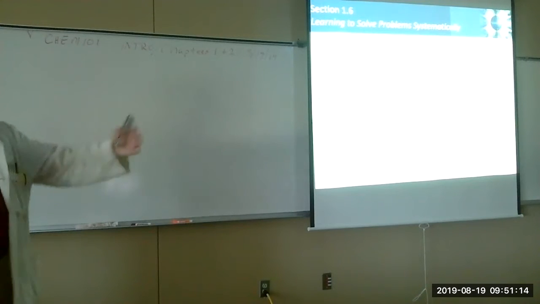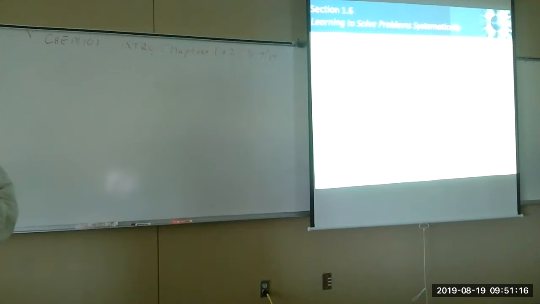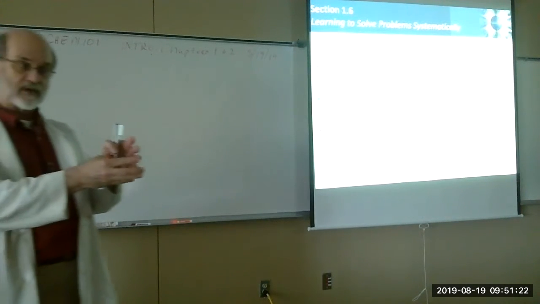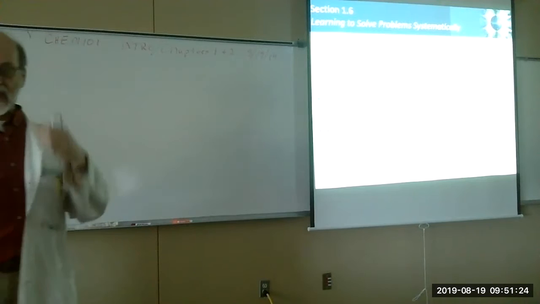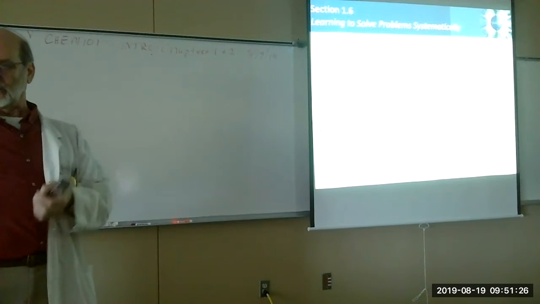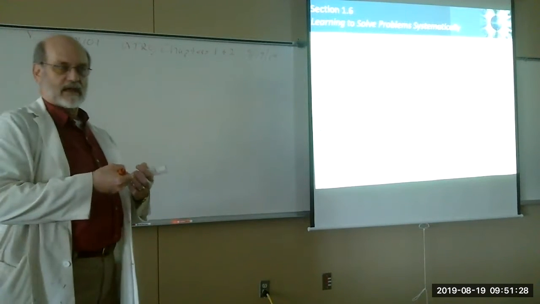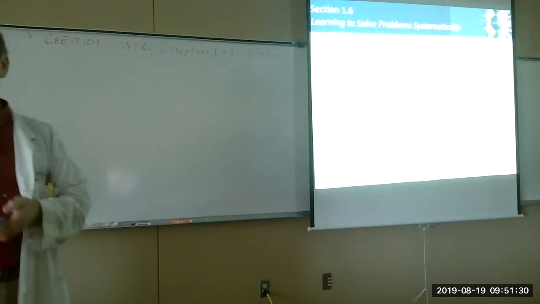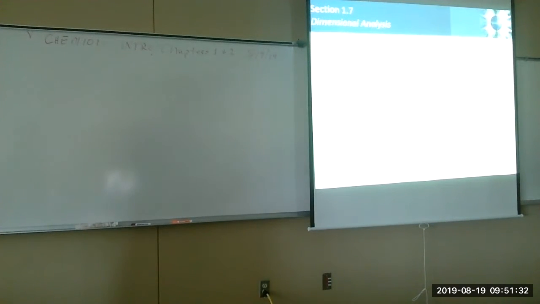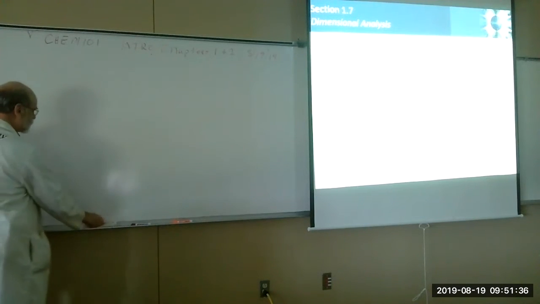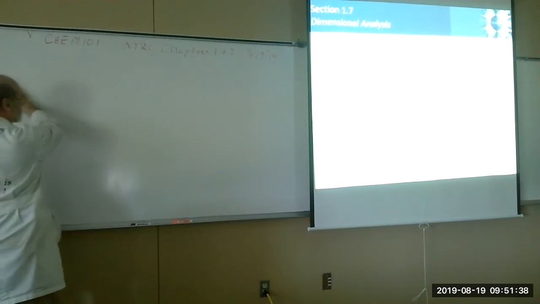And as we proceed through the semester, I'll give you strategies for solving problems. If you recognize this problem as a certain type, then you can pull that strategy out of your pack and it gives you a fighting chance at solving the problem. One of the ways we deal in chemistry with solving problems is called dimensional analysis.